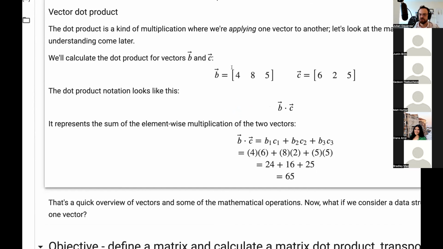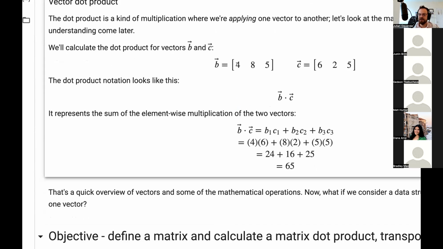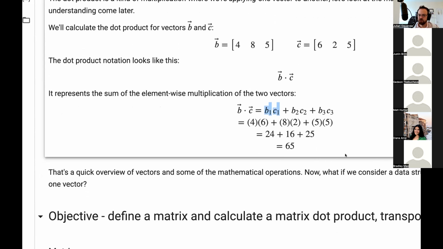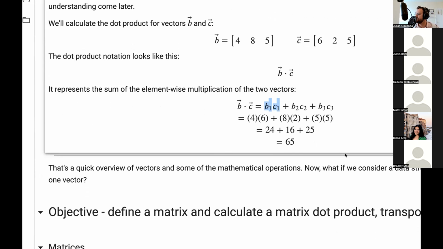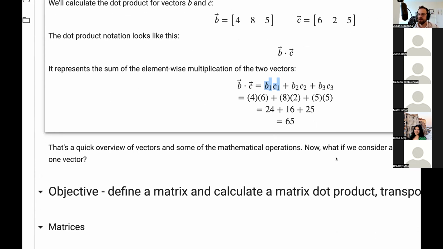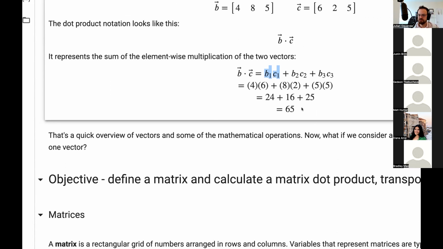So if you have vectors B and C, you essentially take every individual value along the index of those two vectors and multiply those values to each other. Then the sum of those values will represent the element-wise multiplication process of those two vectors.